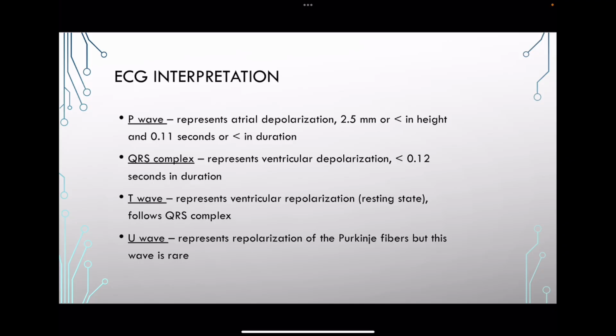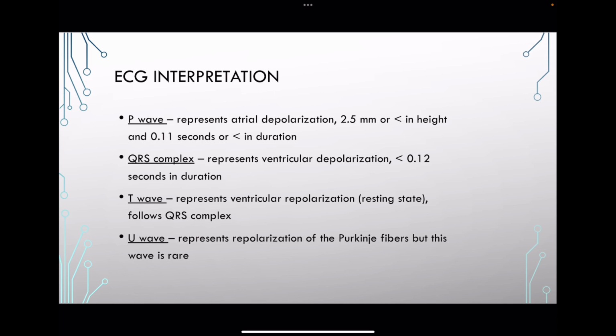So we'll talk more about that one, but for this one, your QRS should be less than 0.12 seconds in duration. Anything bigger than that puts you more at risk for a bundle branch block. Essentially what that means is that your heart is taking longer to contract those ventricles, and it's just moving slower, which isn't safe. Obviously, that can lead to more things.